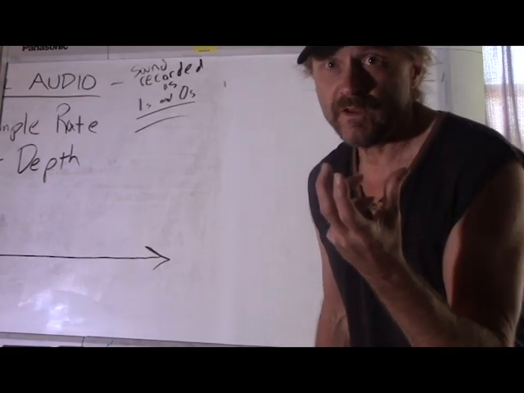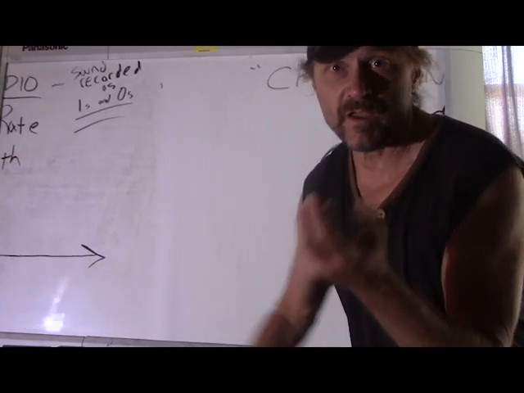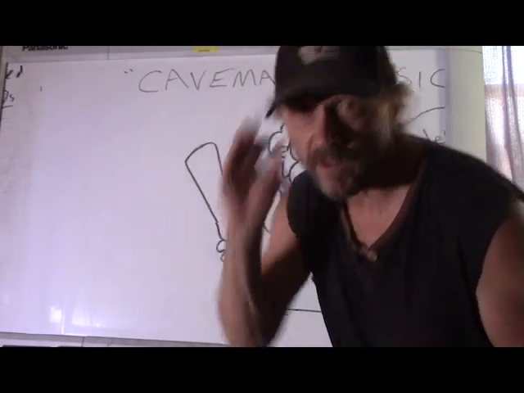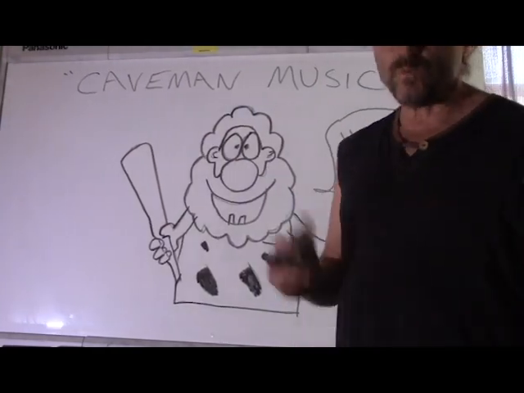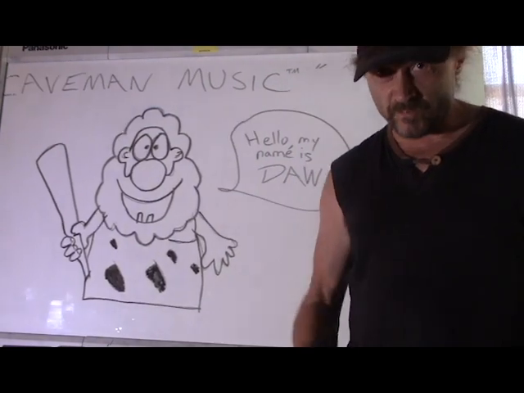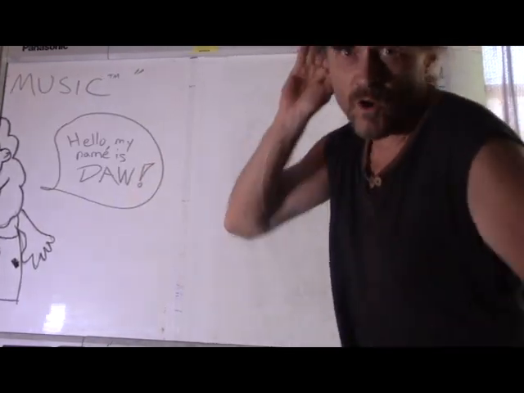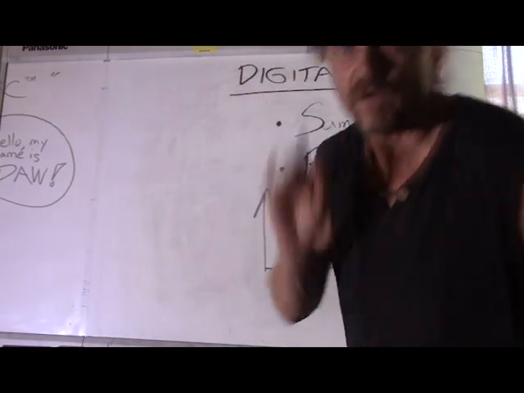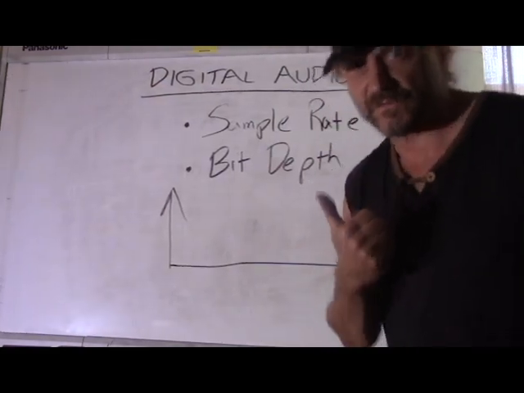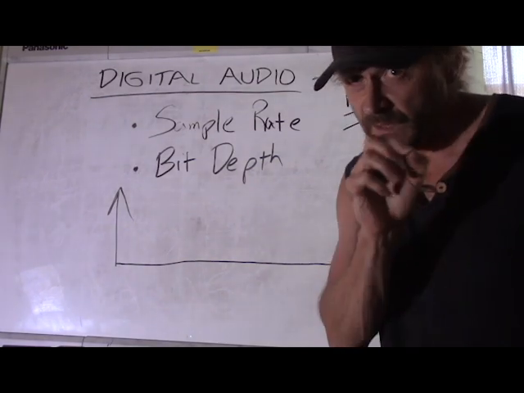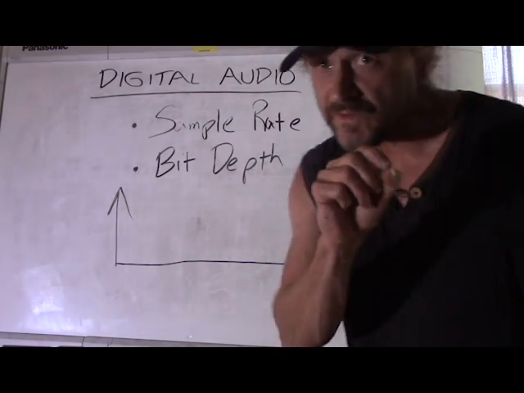A sample is just whenever the computer says, ooh, what's going on? Well, let's see. 1001, 1002, that's one every second, right? If the computer listens once every second and then jots down, makes a note inside of itself, ooh, the sound's here.